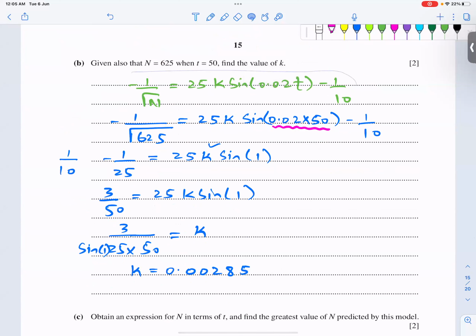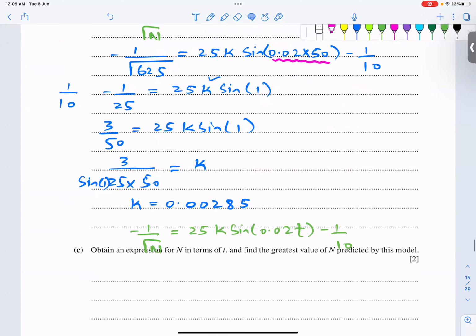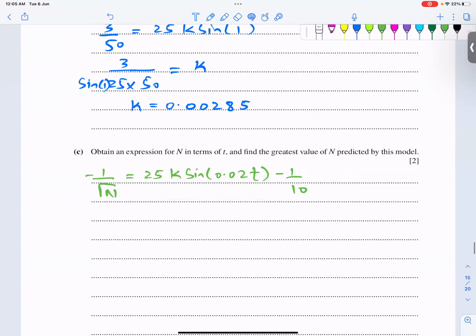So we will copy this expression again, but this time we have the value of k as well. Now the value of k we have is 0.00285, and also obtain an expression for n in terms of t.